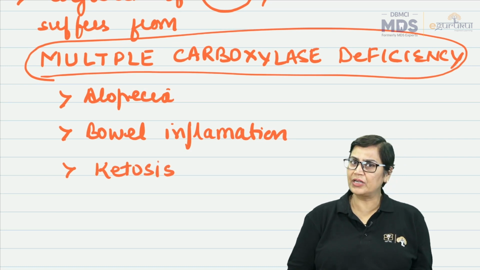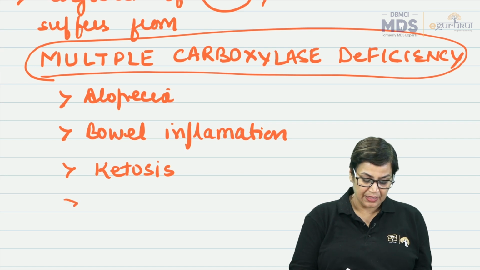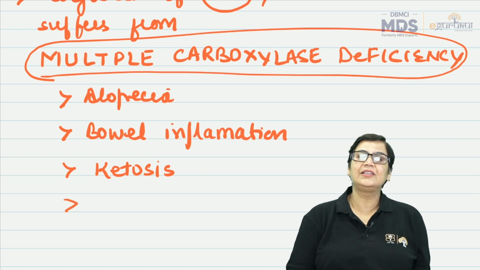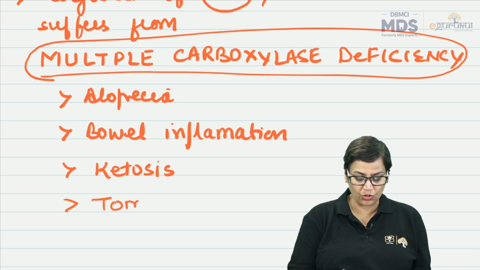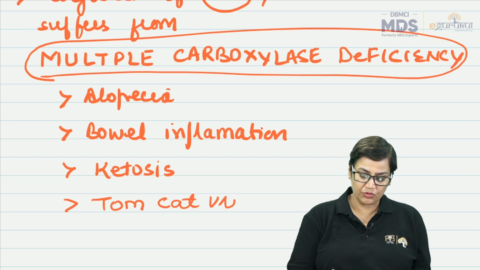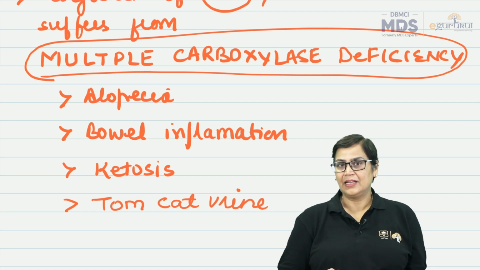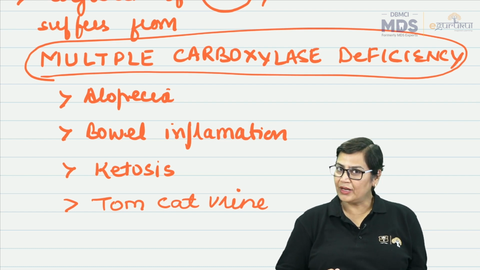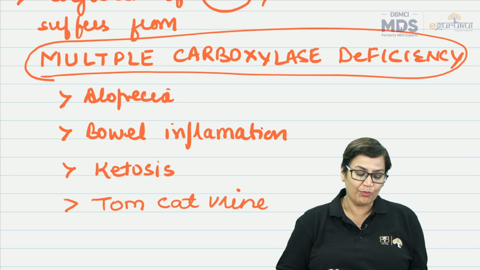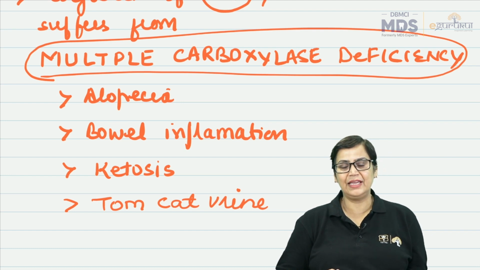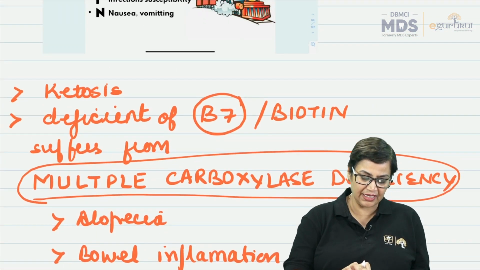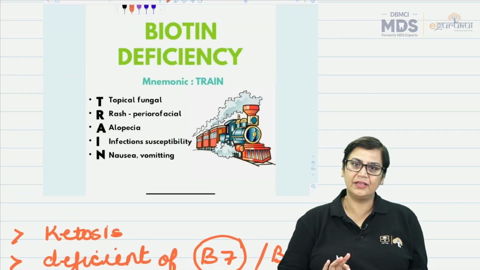And the most important one is, it is also known as tomcat urine, because the odor of the urine changes. So we can say that tomcat urine is a characteristic odor in urine due to multiple carboxylase deficiency. And others you can see, TRAIN, you can remember it.